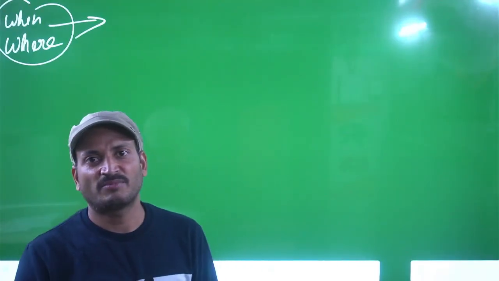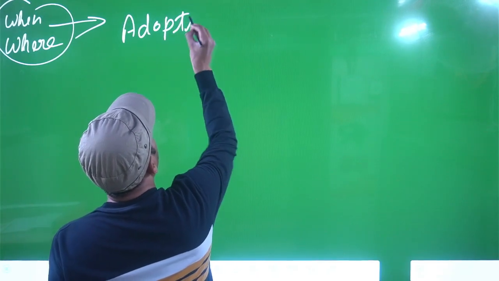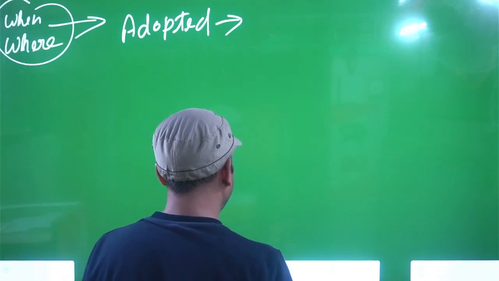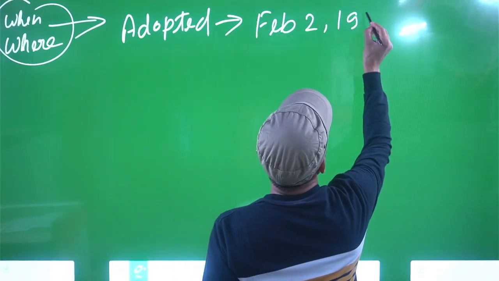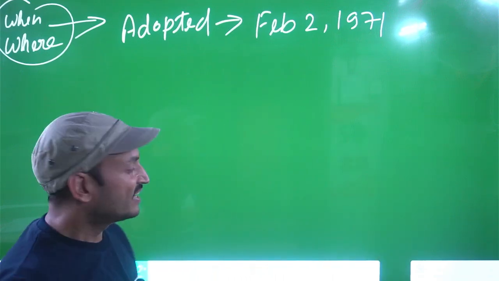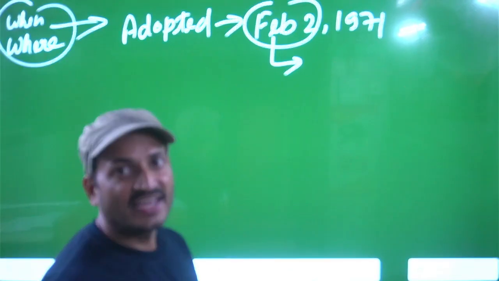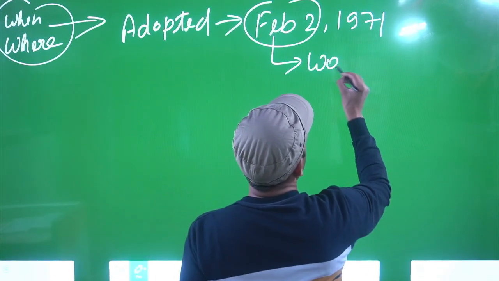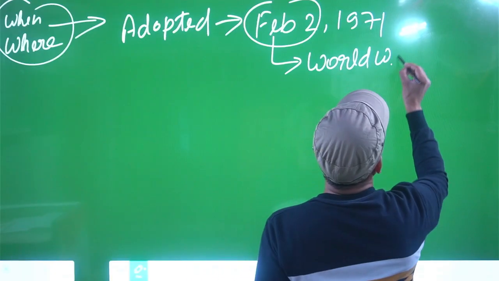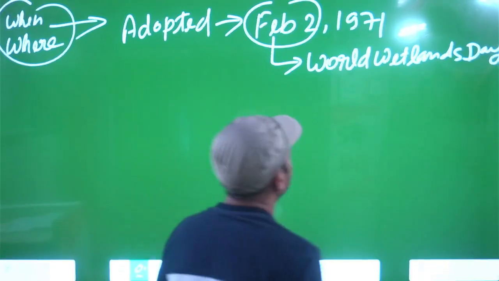So the Ramsar Convention, my friends, was signed, or rather adopted, on 2nd of February 1971. That's why on February 2 each year, we celebrate World Wetlands Day.